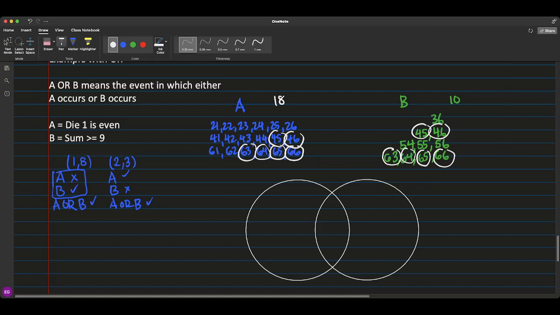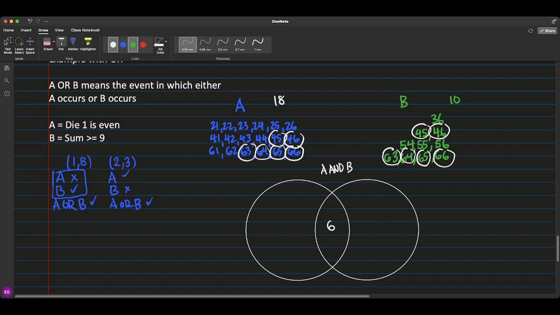So that has to go in the overlap A and B. So let's write that down. How many are in the overlap? A and B, there's 1, 2, 3, 4, 5, 6. So there are 6 events that occur in the A and B overlap.